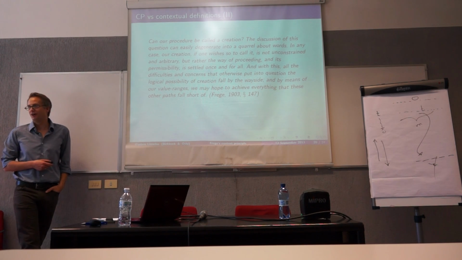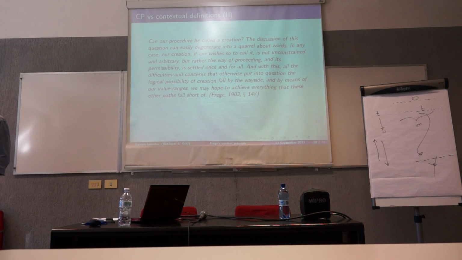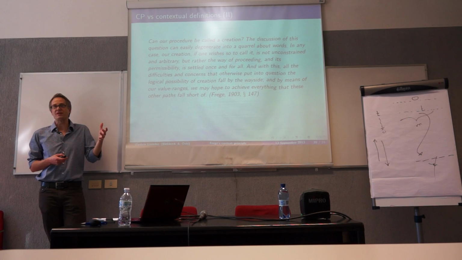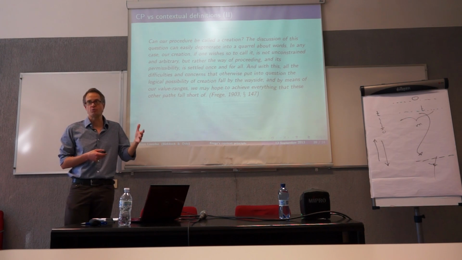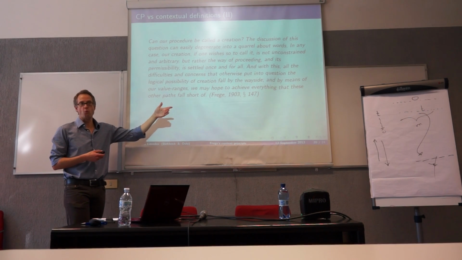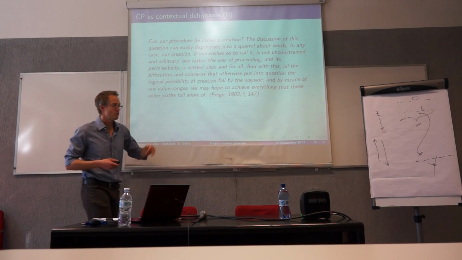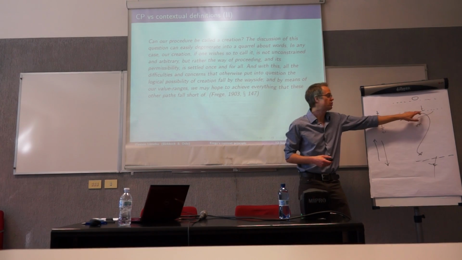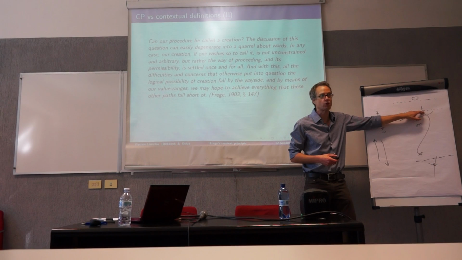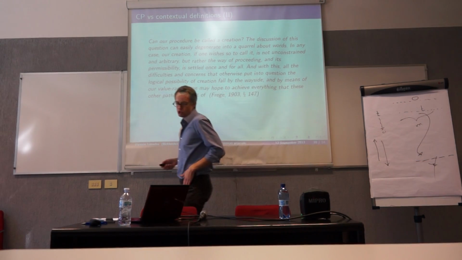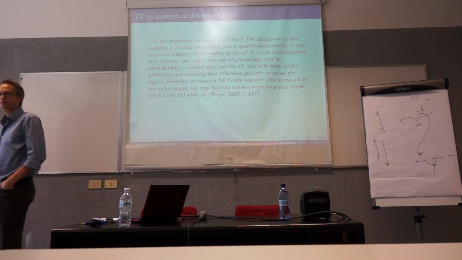Another passage where Frege is saying something tremendously surprising here, I think, to those of us used to reading him as a super robust realist. So can our procedure of going from one side of the abstraction principle to another, or going from a sentence in which the term whose reference you're studying occurs to a sentence in which that term has been eliminated, be called a creation?